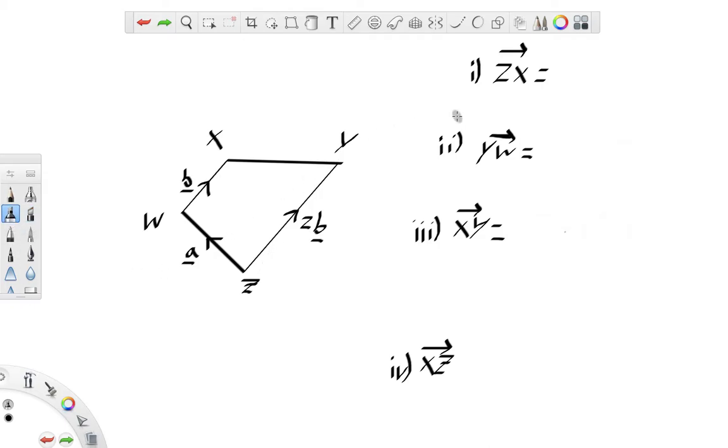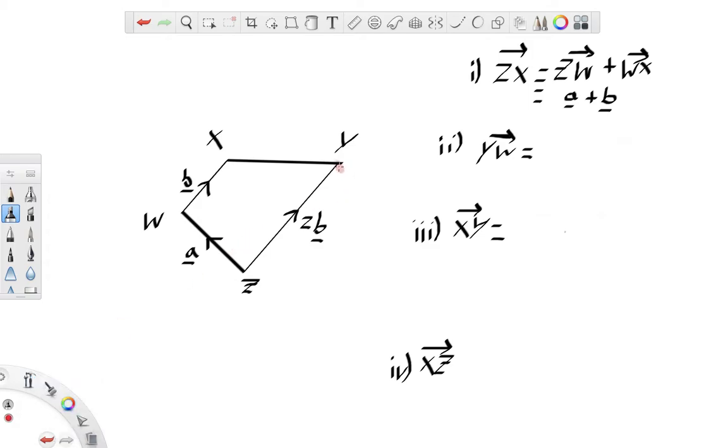So our first question is to find Z to X. Well, we start at Z and we go to W, then W to X. So we go Z to W plus W to X. Well, Z to W is the vector A, and then W to X is the vector B, so plus B. So that's that sorted.